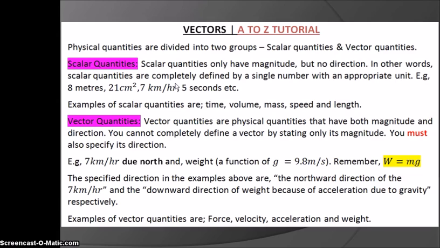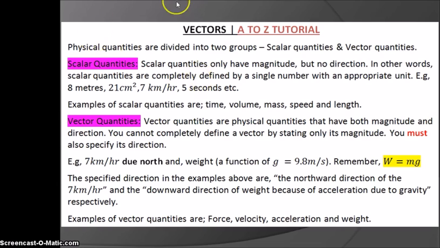Moving over to vector quantities. Vector quantities are physical quantities that have both magnitude and direction. You cannot completely define a vector by stating only its magnitude. You must also specify its direction.